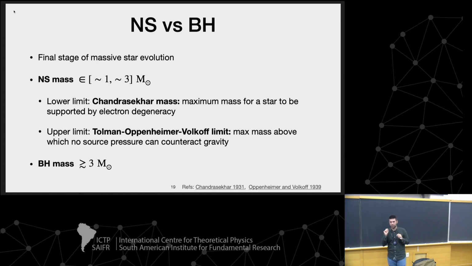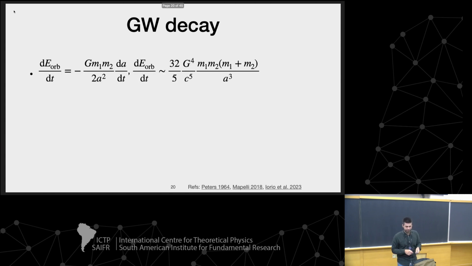Between these two, especially around the Tolman-Oppenheimer-Volkov limit, you need to fix the neutron star equation of state, which is unknown. I mean, it's one of the scientific goals of gravitational wave detection. Black holes have a mass larger than 3 solar masses. So these are the ranges.